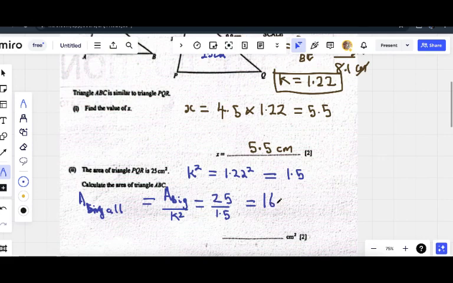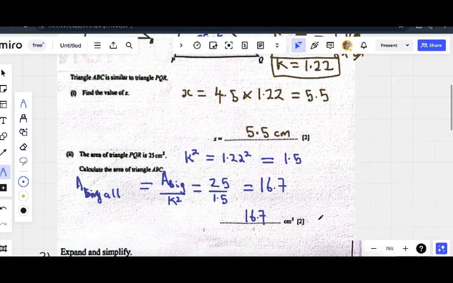So we get 60.7 centimeters square. So you write it here, 60.7 centimeters square. The centimeter square has been written for you already. So you're lucky they've written this for you. But where they did not write the unit, you write it yourself. Anywhere they did not put the unit, you have to put the unit yourself.